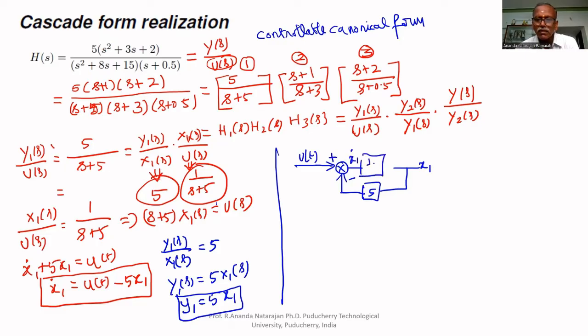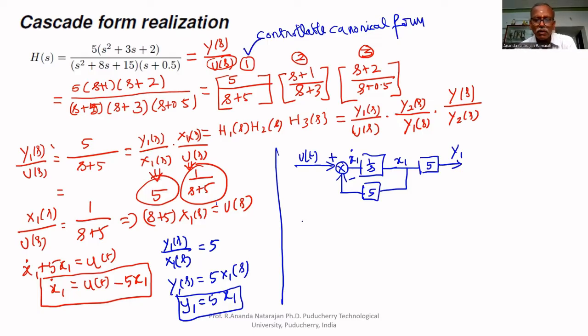If you integrate this x1 dot, you will get x1. Now we have to get y1. You multiply x1 by 5, you will get y1. So the first part is over.